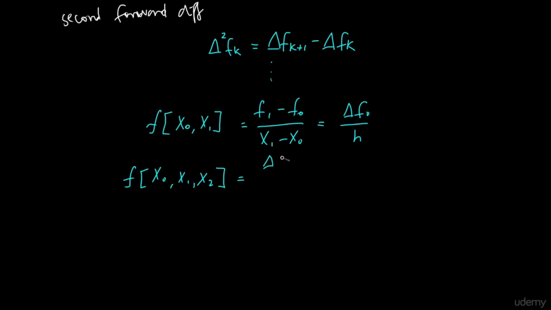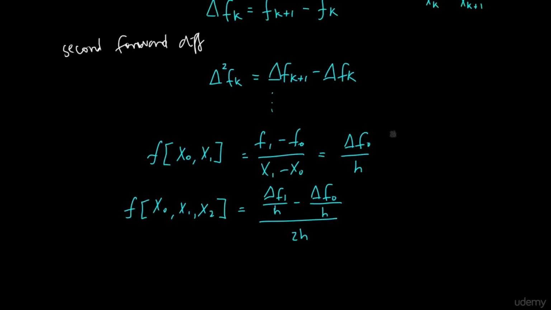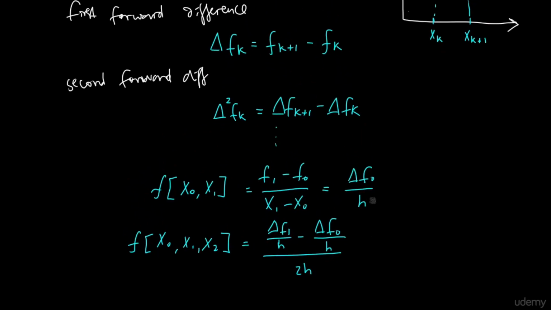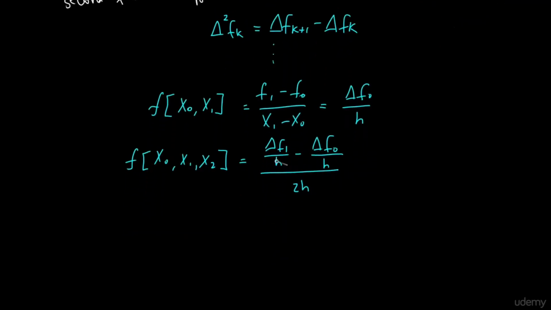So that's going to be delta f1 divided by h minus delta f0 divided by h, all divided by 2h. And what we can do here is note the fact that delta f1 minus delta f0 happens to be the second forward difference, delta squared f0. So we can rewrite it. We can take the h and move it down, so this becomes 2h squared, and on the top we have delta squared f0.